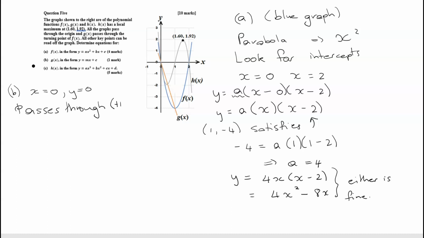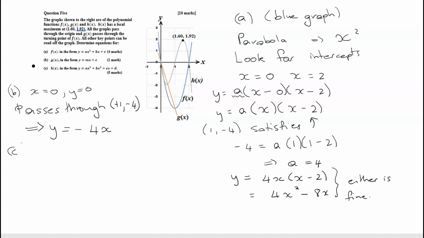So (1, -4). Okay, that should be enough for you to just be able to read straight off then that y equals -4x. Otherwise, if it doesn't, you can use the formula and find out that y equals -4x.